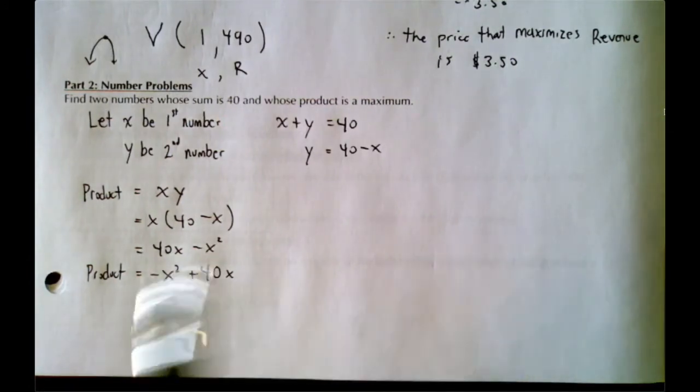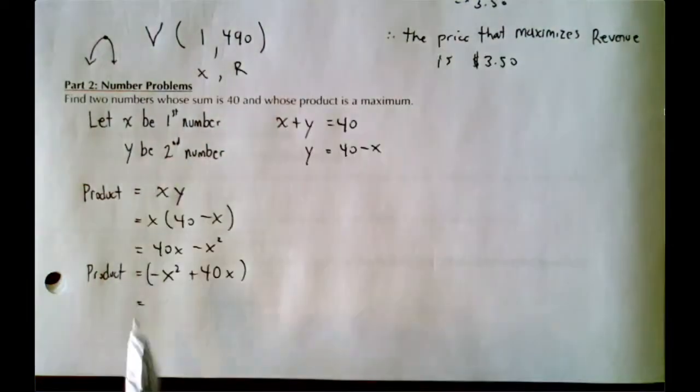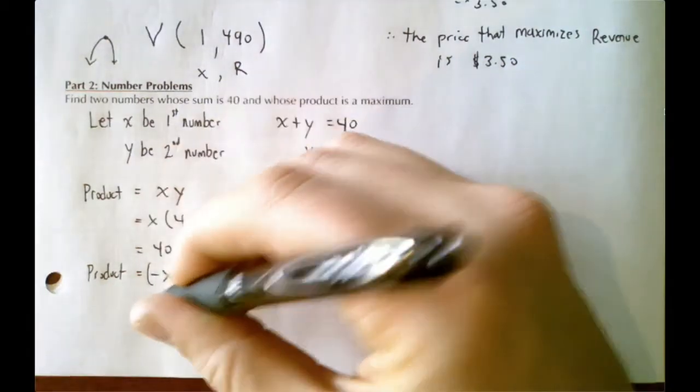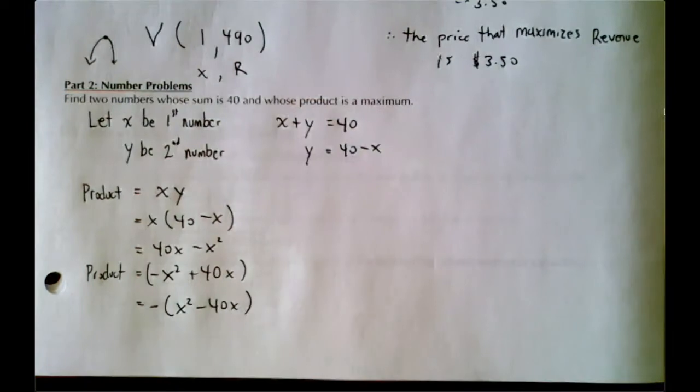Group the first two terms. There are only two terms. And common factor the number in front of x squared, which is negative 1. Then we take the second term, divide it by 2, which gives us 20, and square it, which gives us 400.